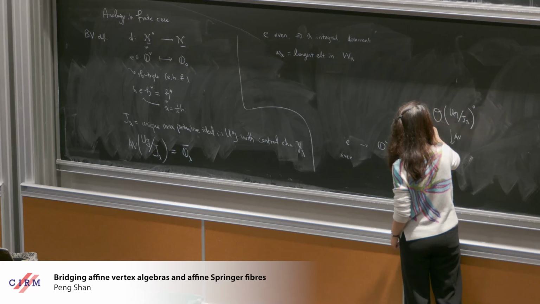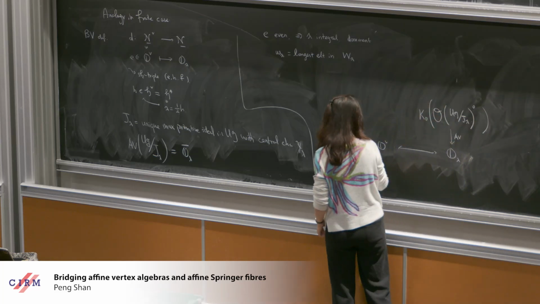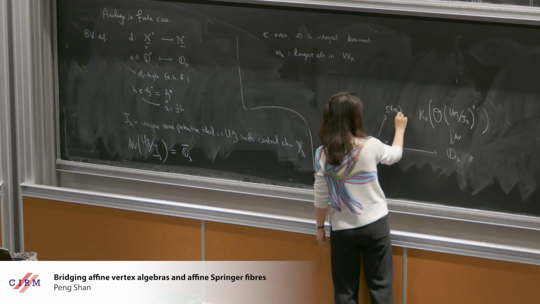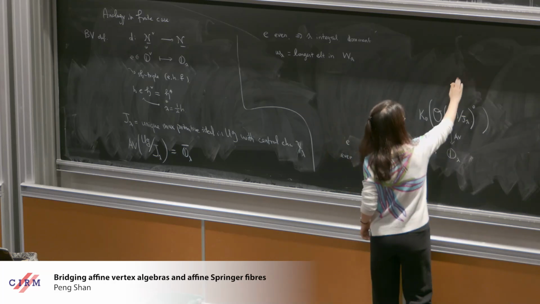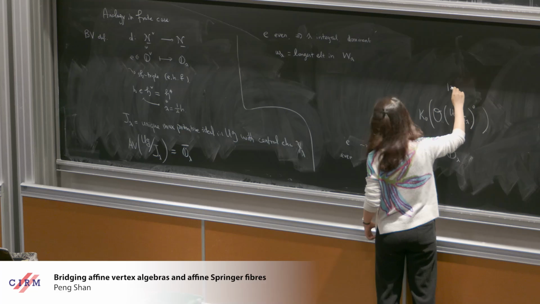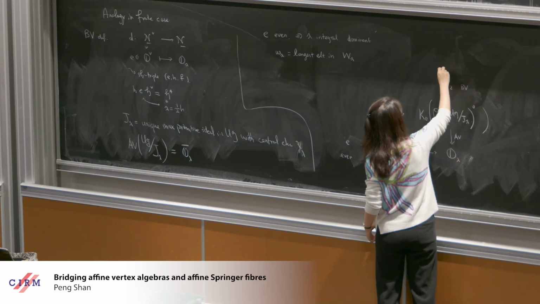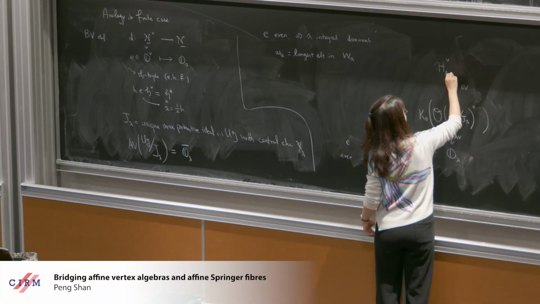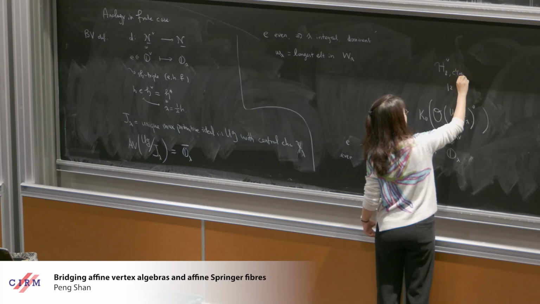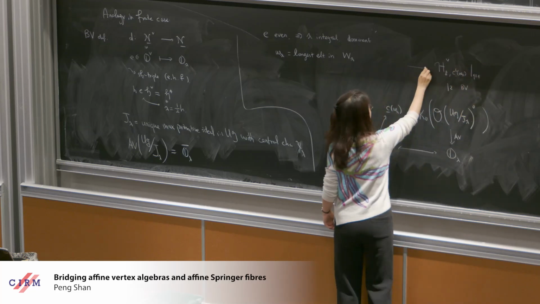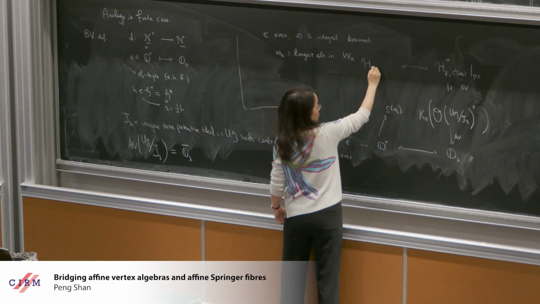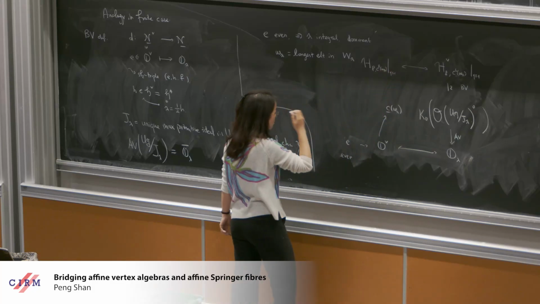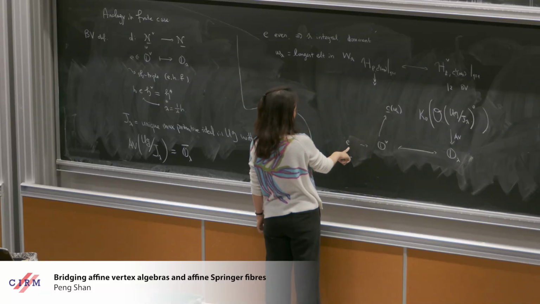I take the K0 of this, and so this O corresponds to the two-sided cell for this element W lambda, and then in this case it's a theorem, I think of Bezrukavnikov-Vogan, that this is isomorphic to the cell module in the finite Hecke algebra of the left cell for this W lambda, at q equals 1, and then here you have the dual form, which maps onto the Springer representation corresponding to this element.